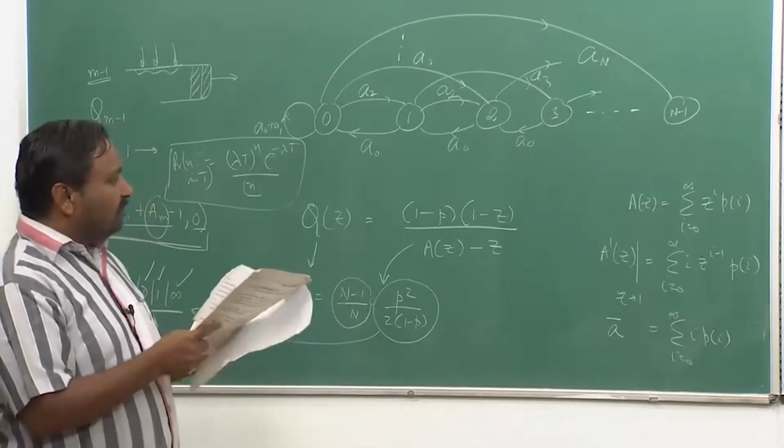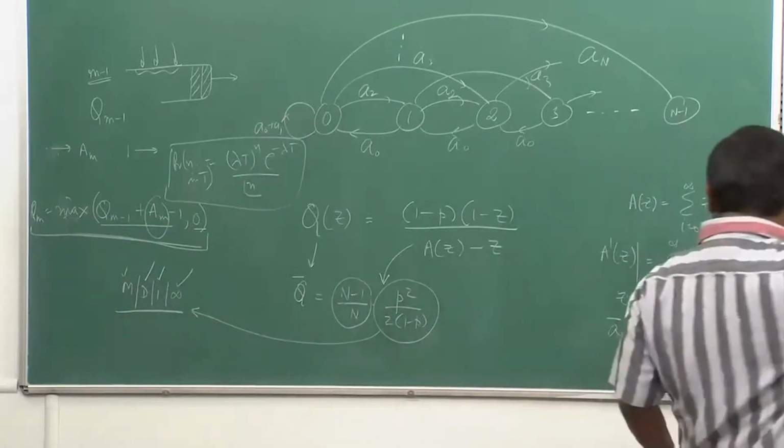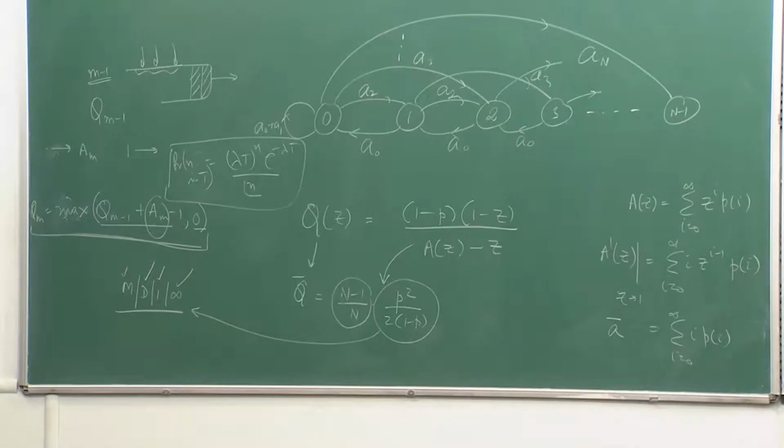We would also like to know what will be the waiting time. So what will be the waiting time of an output queued system? This waiting time of a packet will consist of two parts.